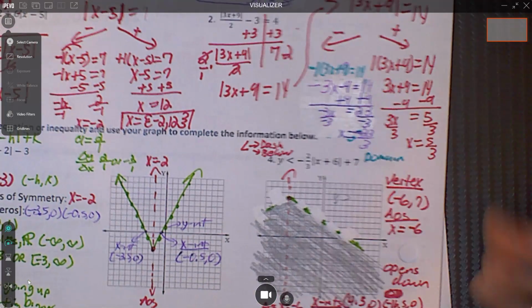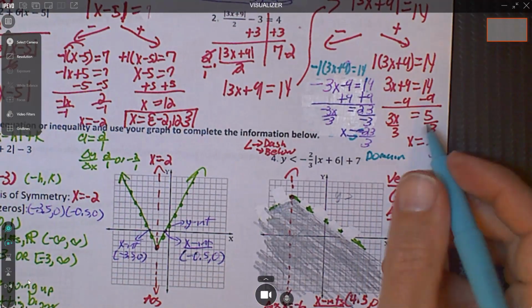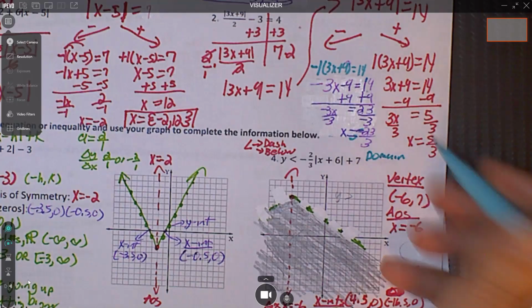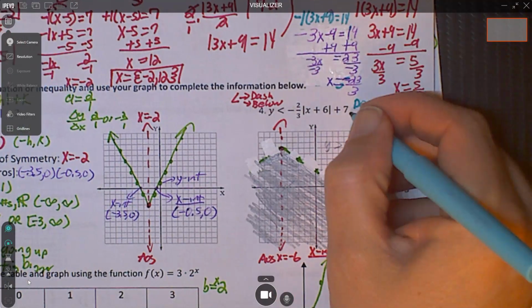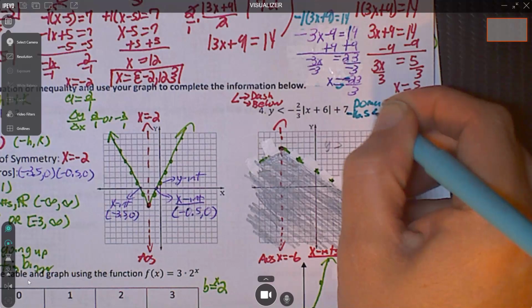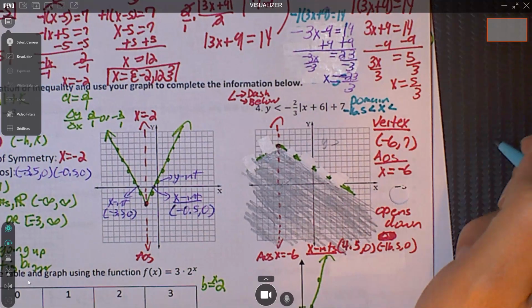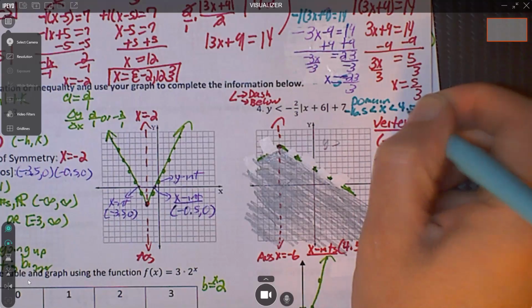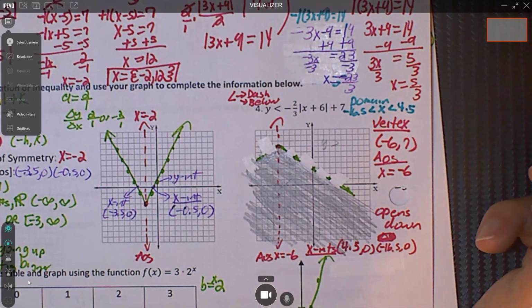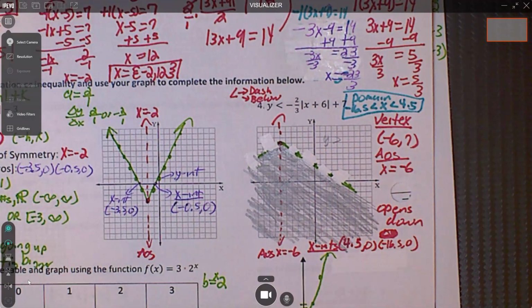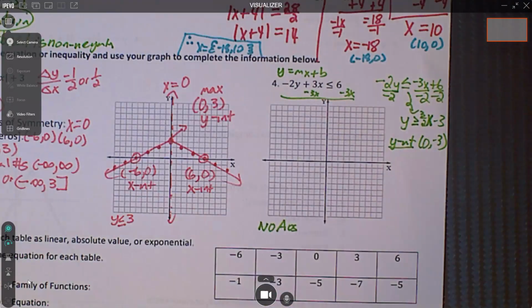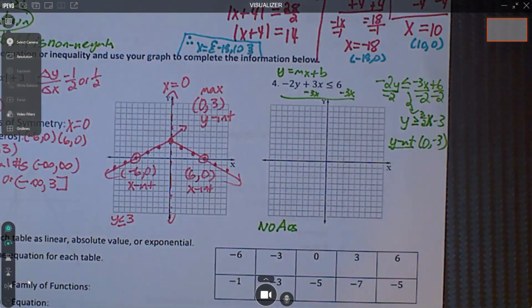I forgot about that from Tuesday's. The domains are going between the x-intercepts. I'm not going back, I'd have to refilm the whole thing. No, thank you.